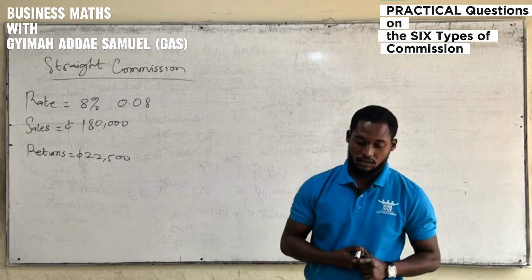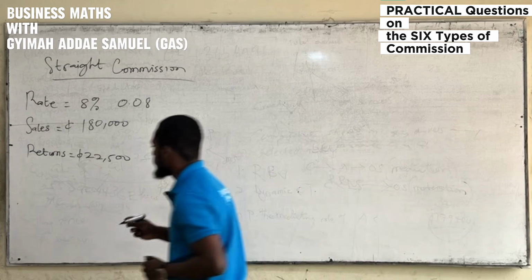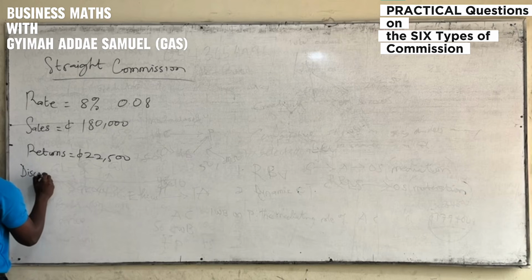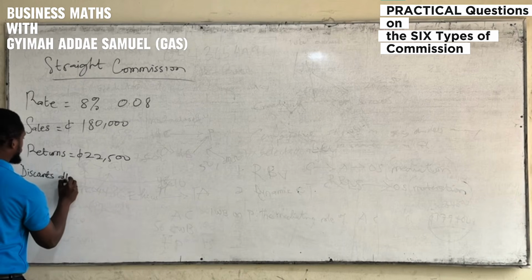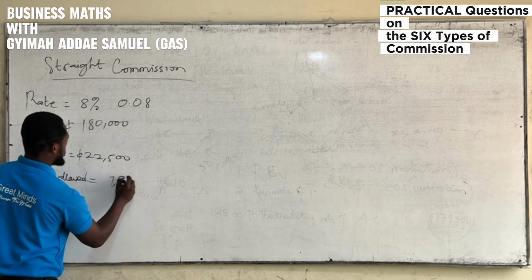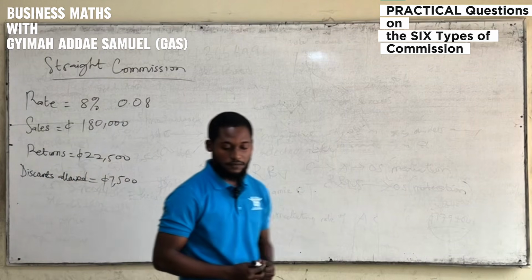Discounts were allowed. Discount allowed is 7,500 Ghana cedis. So now these are our apparatus, and this is going to aid us solve the question.